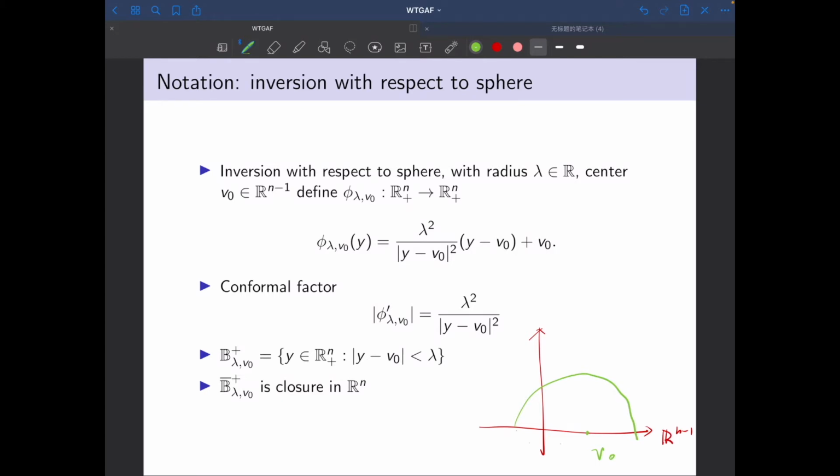We're considering the inversion with respect to this sphere, and we denote it as phi of lambda v0. By direct calculation, we get that the conformal factor is going to be like this. We denote the interior of the half ball as B lambda v0 plus, where the closure is taken in the entire Euclidean space.